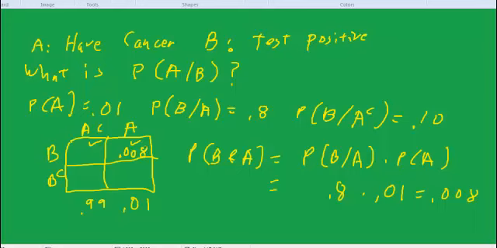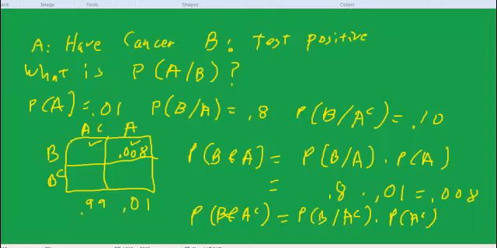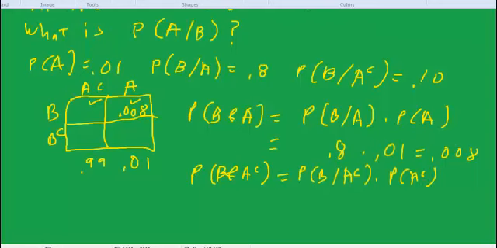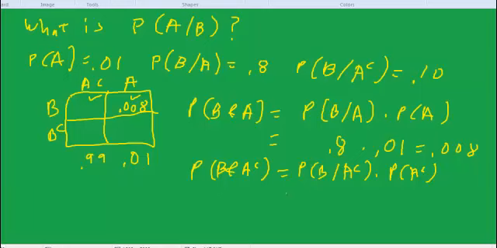So we put a 0.008 there. And then for B and AC, we'll use the probability of B given AC times the probability of AC. That's 0.10 times 0.99, which is 0.099.